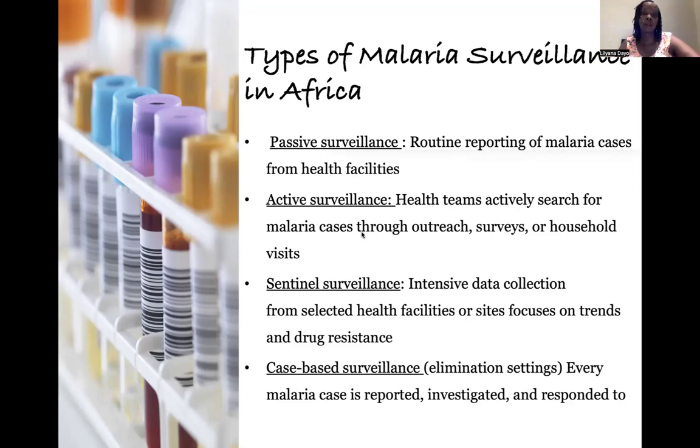We can also have active surveillance, where health teams actively search for malaria cases through outreach, surveys like the Kenya Malaria Indicator Survey, or household visits.